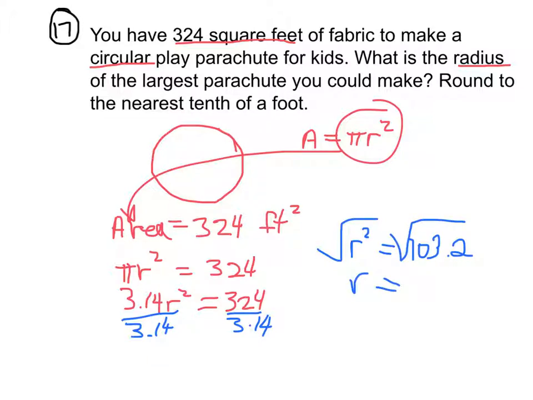Now r equals the square root of 103.2, which equals 10.2. When we square root both sides, we automatically get this plus or minus, but since it's the radius of a circle, it cannot be negative. So the largest radius of the circle is 10.2 feet.